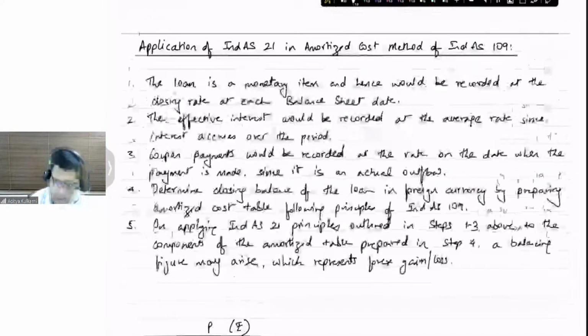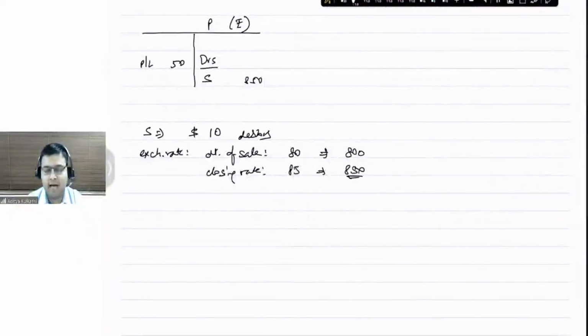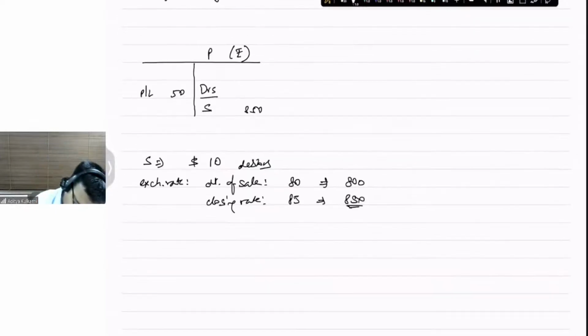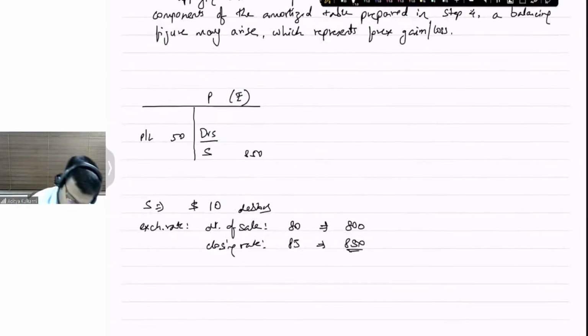Now, when I am going to consolidate, you remember the flow. I told you to revise and come. Note 1: I have parent, subsidiary, adjustment, total. So here I will be having debtors.